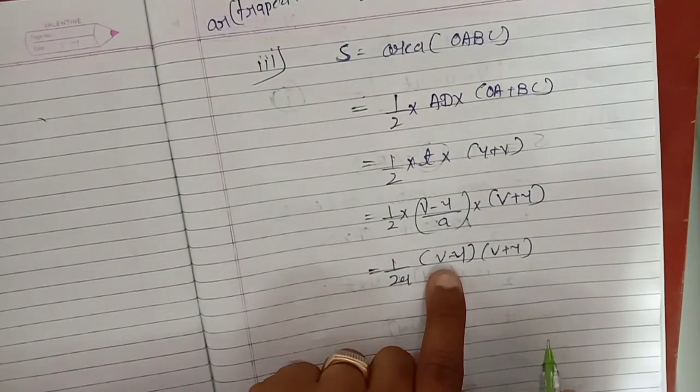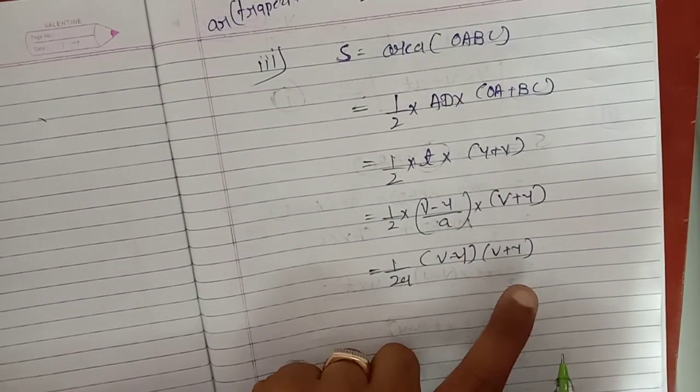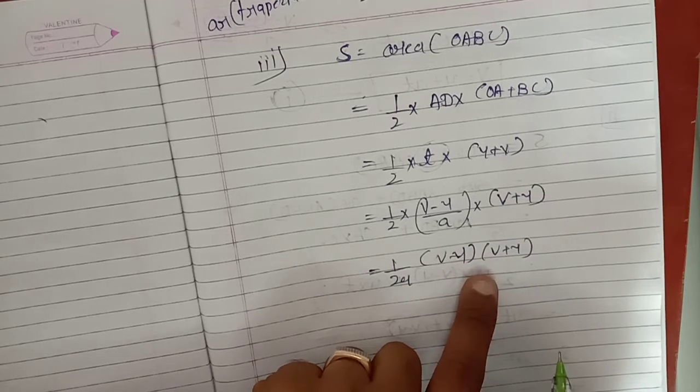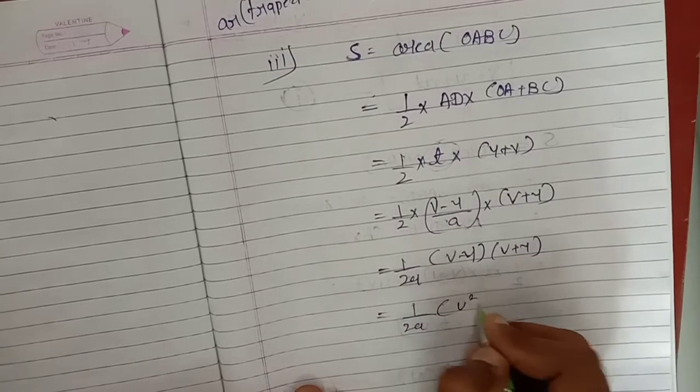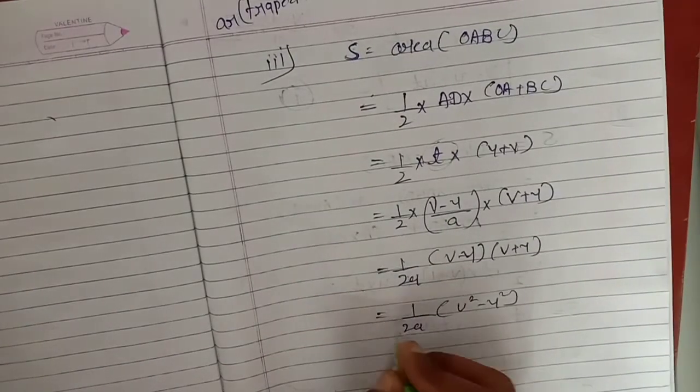This is the formula (A minus B)(A plus B), which means A square minus B square. So I write here 1 upon 2A into V square minus U square.